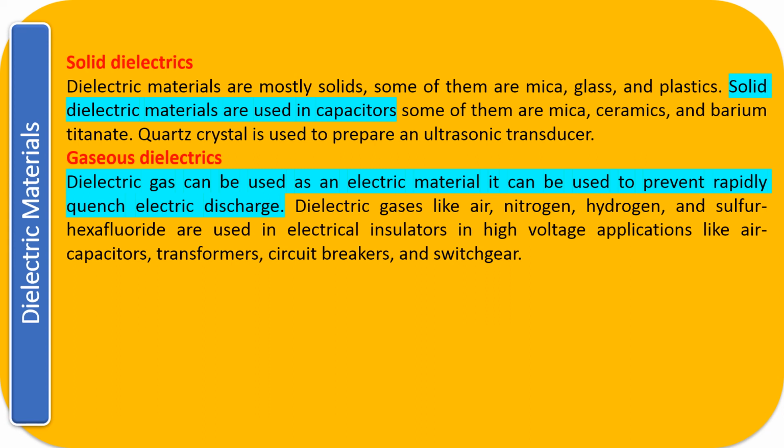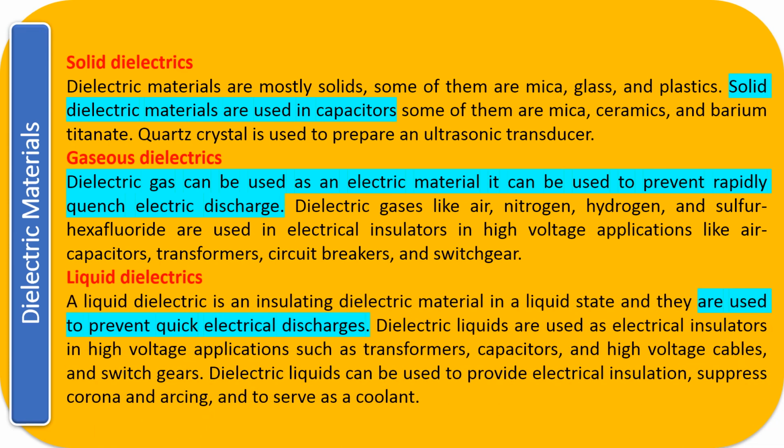Of course, all these are insulators, and in all these applications that you have seen, the gas is being used as an insulator. And then finally we have liquid dielectrics. A liquid dielectric is an insulating dielectric material in a liquid state, and it is used to prevent quick electric discharge.